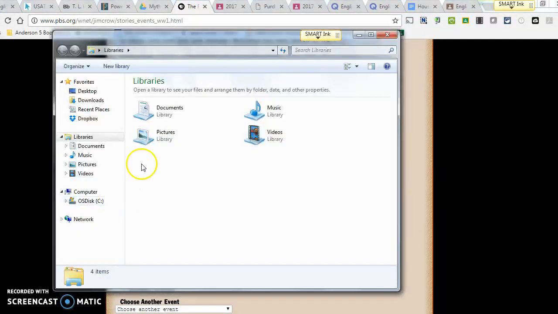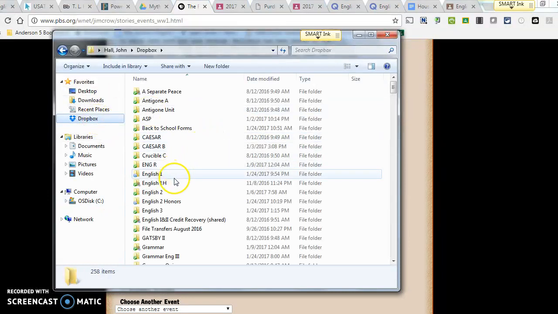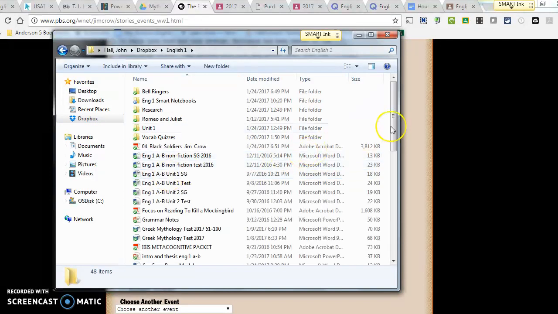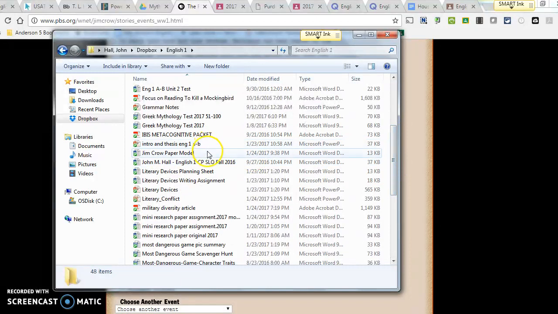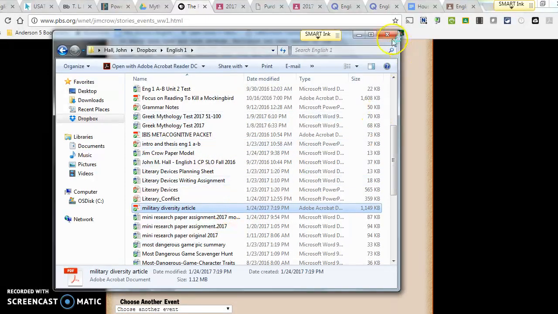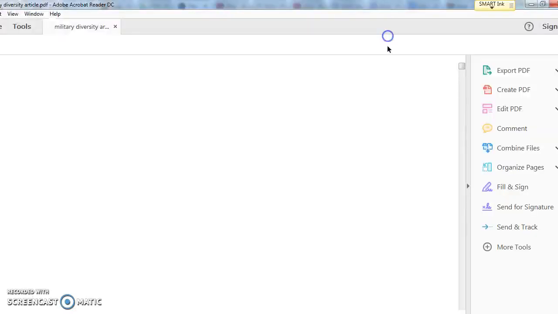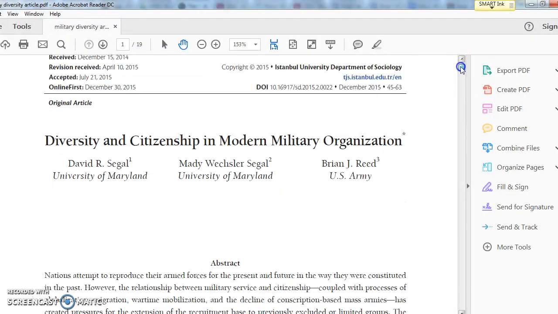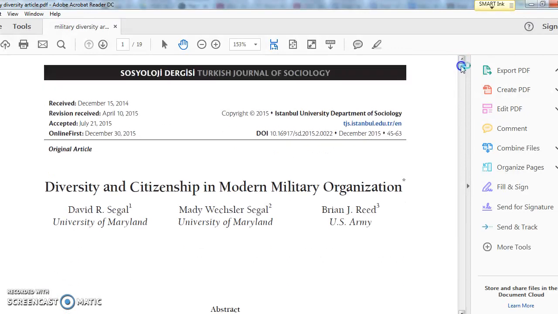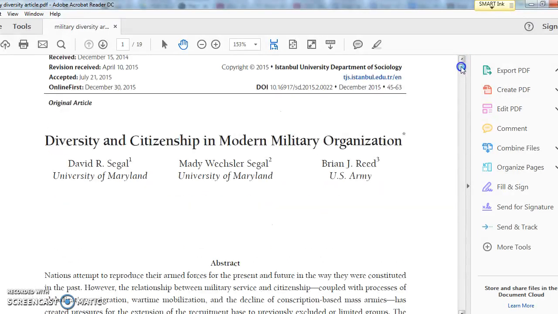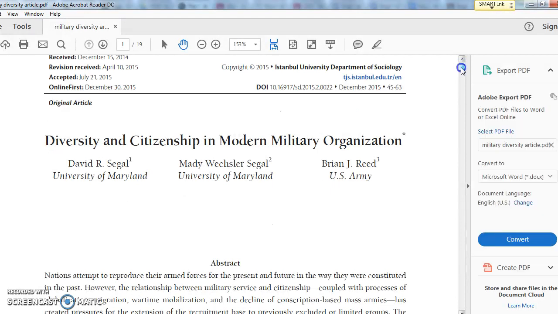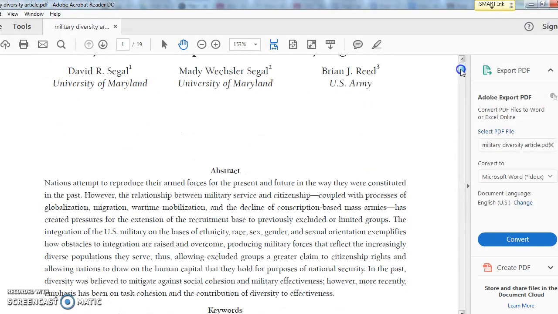Let me pull that up really fast here. Okay, sorry, it took me a second. I found this other article here, and I haven't written out the citation and all that, but that would be pretty easy to do. I actually found this just by Googling, so sometimes Google is a good thing.